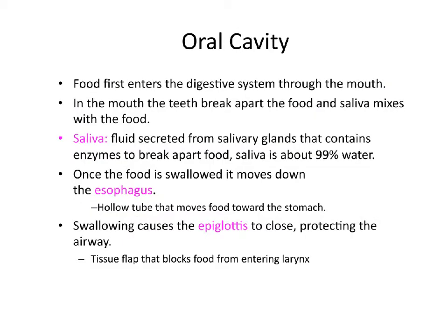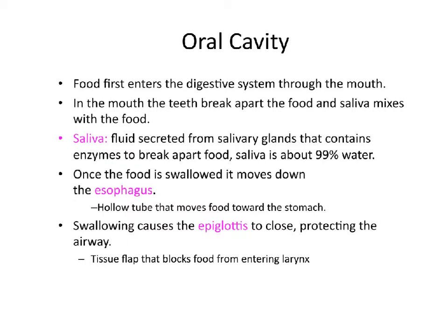So starting at basically following the path of food and materials into the digestive system, we're going to begin at the oral cavity. This is your mouth. This is where food is going to be taken in. Your teeth are going to be used for mechanical processing to break down the food into smaller pieces, assuming you chew your food.